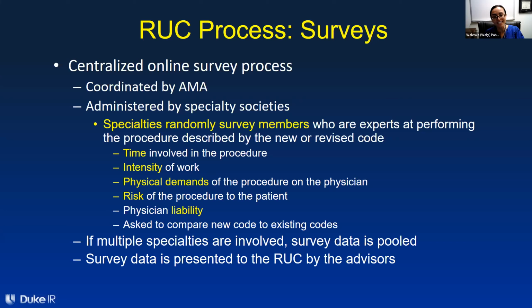If multiple specialties perform that same service, then all of them can survey their membership and the data is pooled. Interventional radiology works closely with vascular surgery, sometimes cardiology, sometimes nephrology, depending on the code, to get surveys and pool the data and present that information to the RUC.